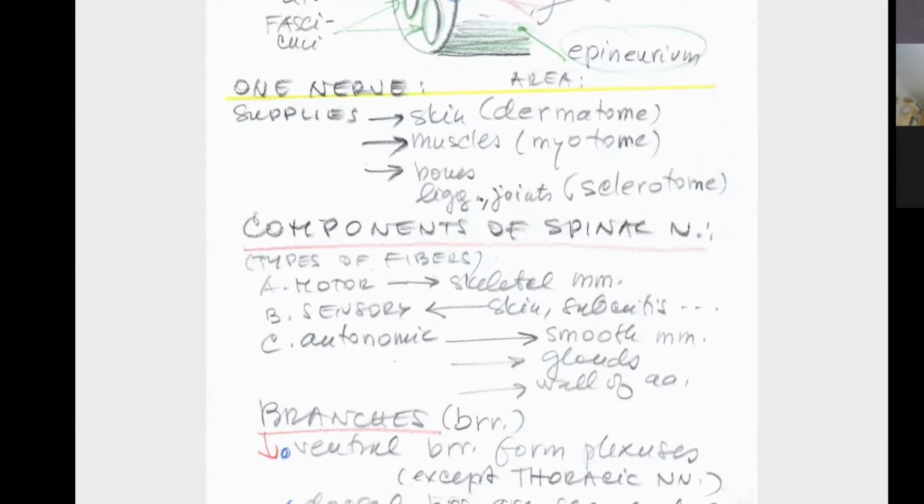So these are components, but we also define the branches. We use the abbreviation BRR in paresthesis. The branches are the ventral branches from plexuses. They are formed in the cervical, lumbar, and sacral area, not in the thoracic nerves. Then the dorsal branches are segmental, always segmental.